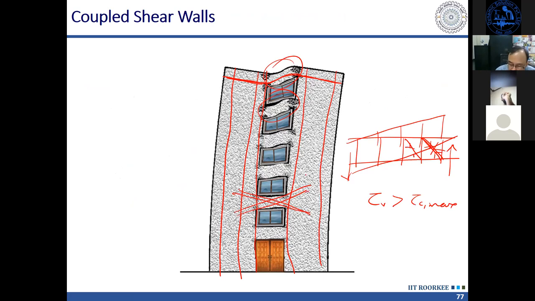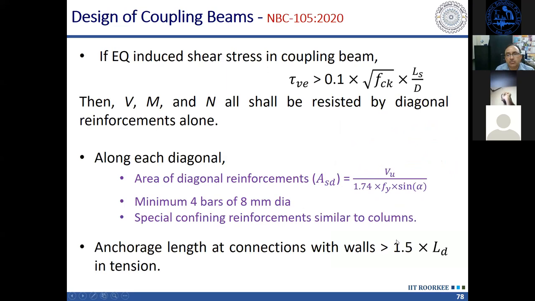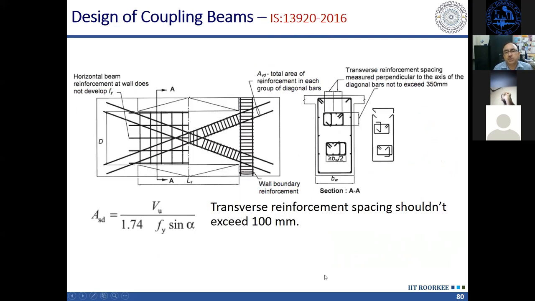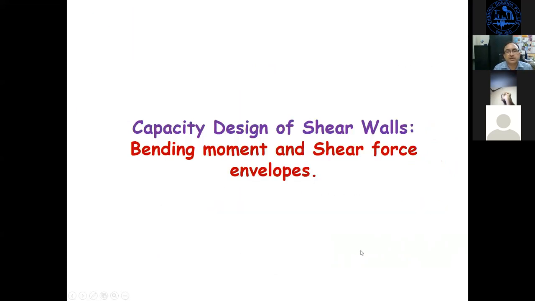This bundle of cross reinforcement has to be anchored into the shear wall concrete for a length of 1.5 times LD. Both the codes talk about that. So anchorage length at connections with walls is 1.5 times LD. This is there in NBC as well as in IS 13920. Both the codes say that.